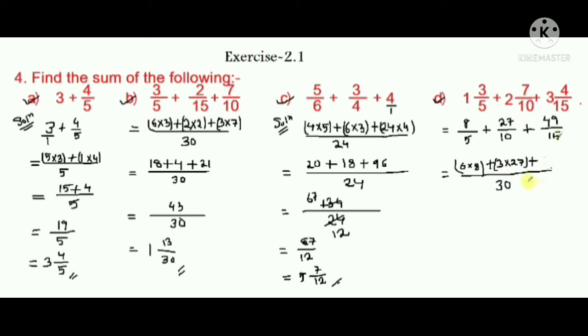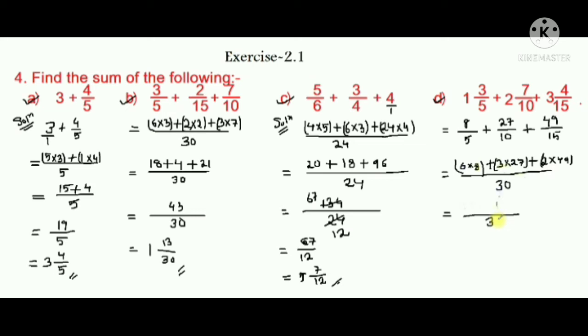And now see, there is 15. So how many times is 15 in 30? 2 times, right? And then give 2, and you give a multiply sign, and above this 15 what do we have? 49. So you give 49 here. Okay, and then you multiply it. So there is one bracket. So now 30 in the denominator, and now 6 into 8, 6 8s are 48.